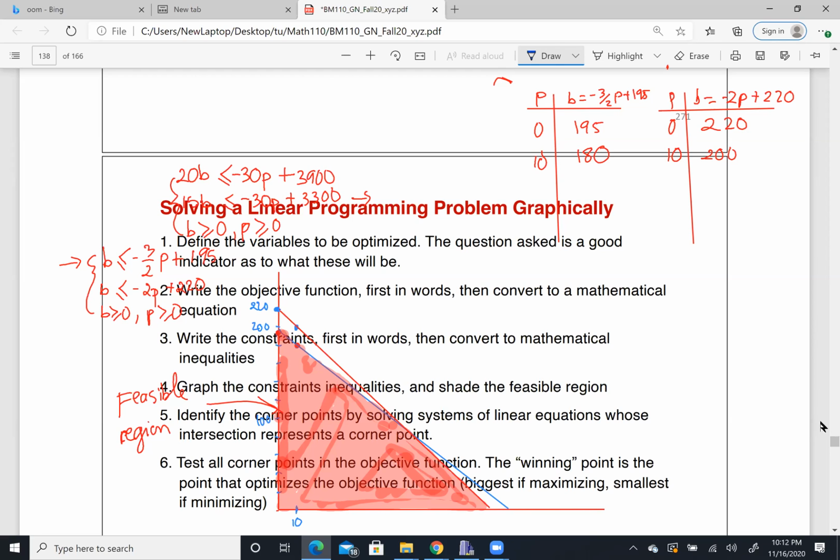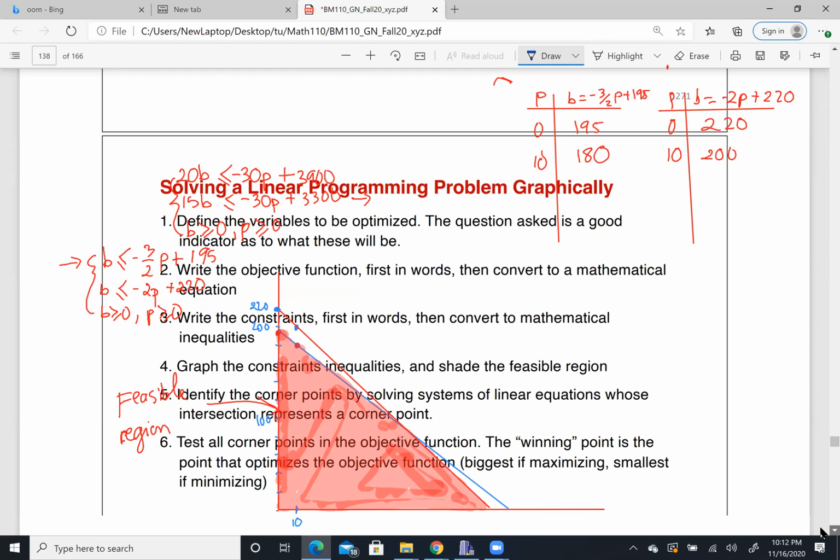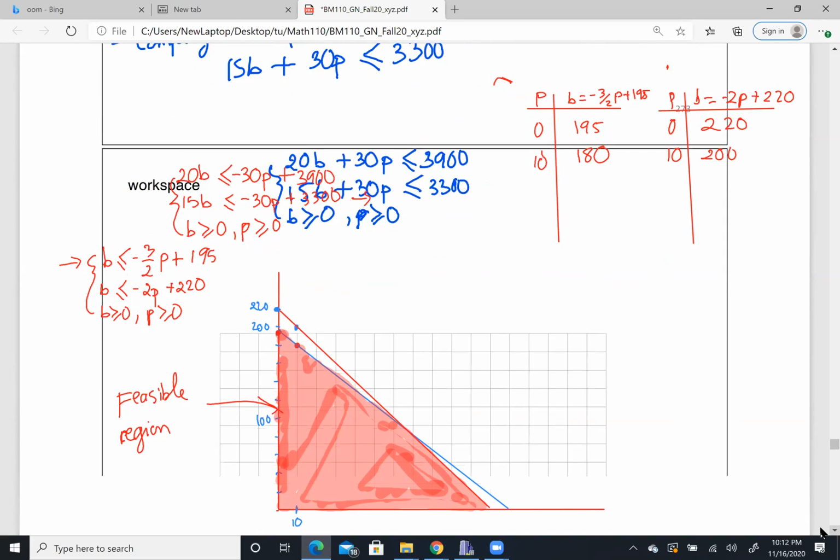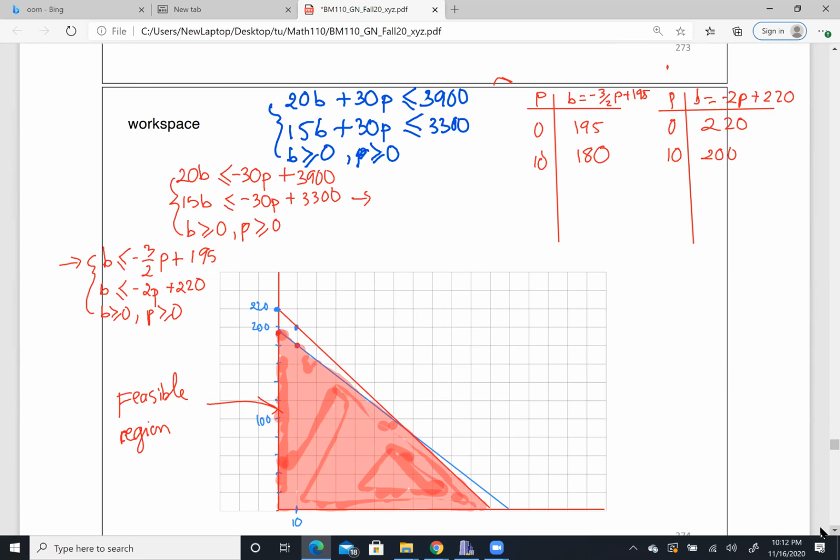Okay, so we need to solve for the corner points of this system, for the region, right? So what are the corner points in here?